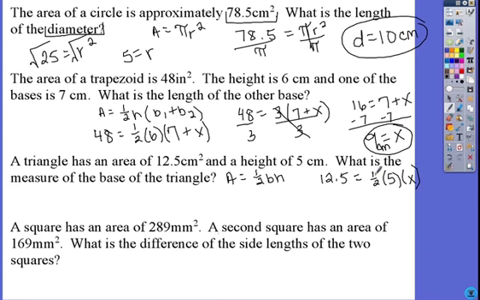Alright, let's go ahead and multiply both sides by 2. Let's get rid of that fraction. So I end up with 25 equals, the 1/2 and the 2 go away, 5x, divided by 5, so x equals 5. So the base of the triangle is 5 centimeters.